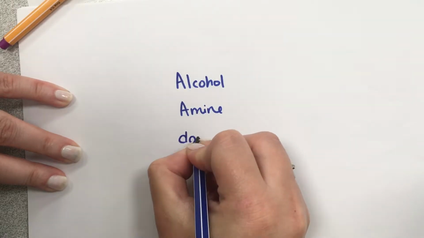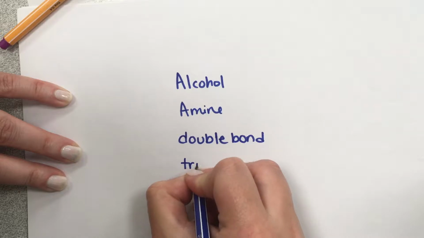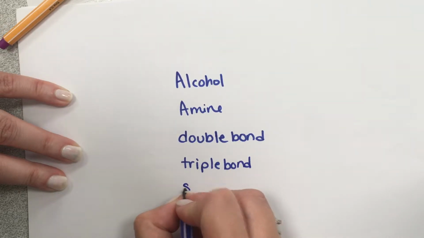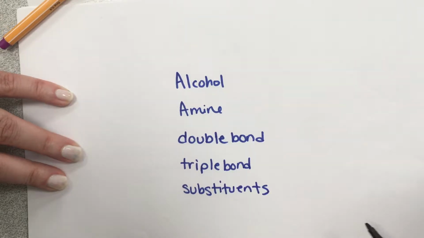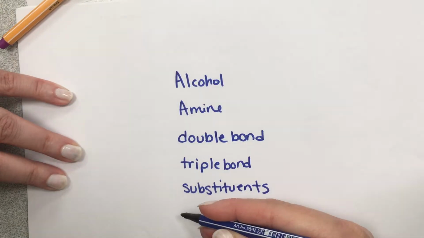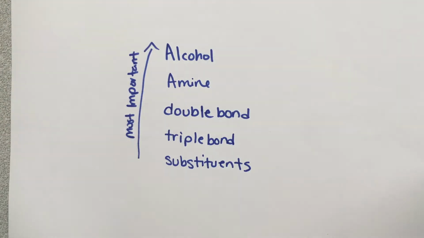Then we have double bonds. Then we have triple bonds. And then, of course, alkanes or single bonds, or we've been calling them in class substituents. Okay, so this is the order of priority, most important to least important. So this is a list of the priority when we're naming and numbering that parent chain.